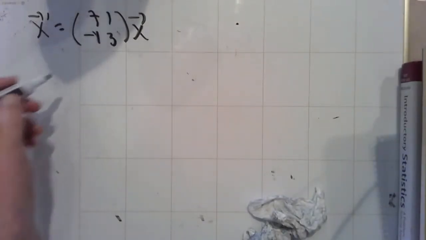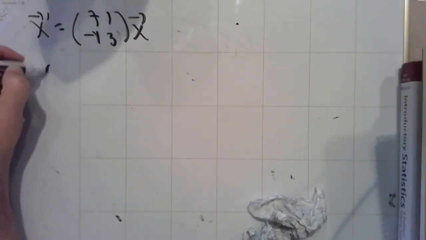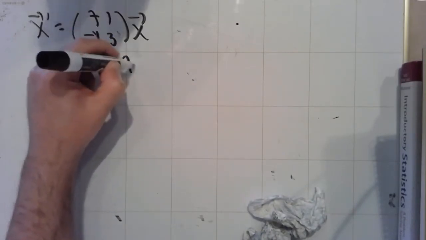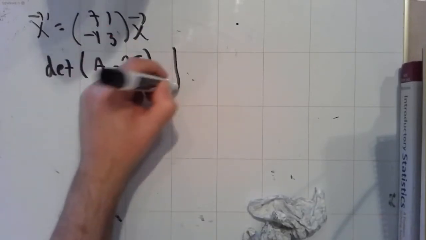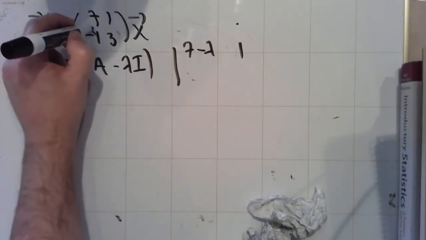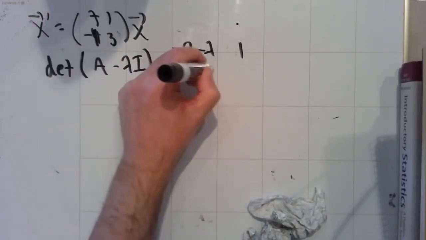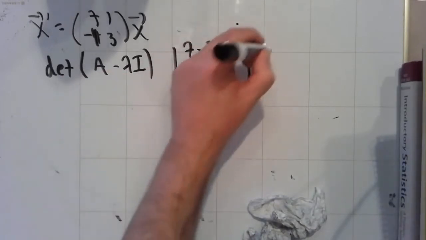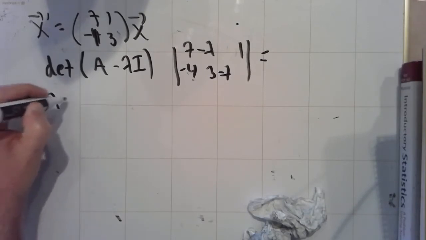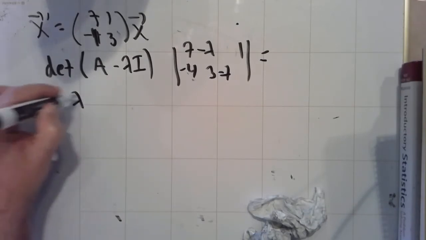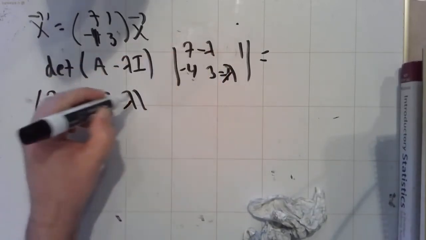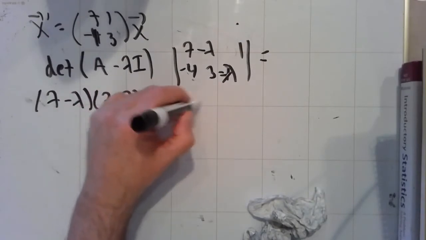We want to find the eigenvalues of this matrix, so we're just going to jump straight into, we want the determinant of A minus lambda I. So that will be 7 minus lambda, 1, negative 4, 3 minus lambda, so that's 7 minus lambda times 3 minus lambda, plus 4 equals 0.